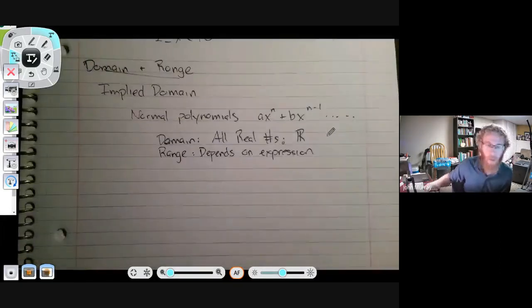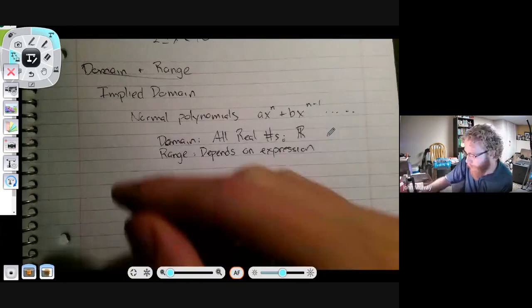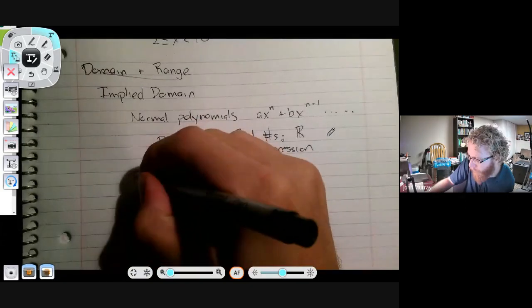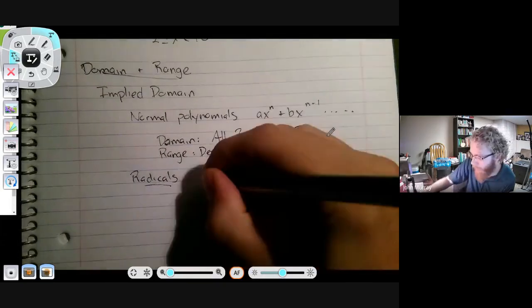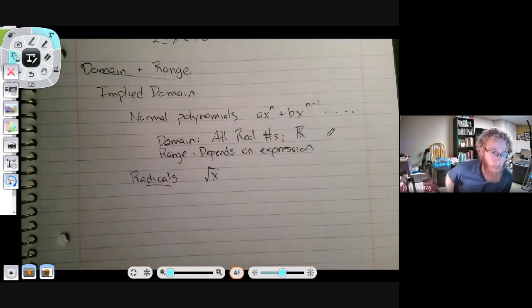There are some instances where we've got to be careful with the domain. When we have radicals, if I had the square root of x, do you guys know the rule with the radical? What can I not have underneath a square root? A negative number.